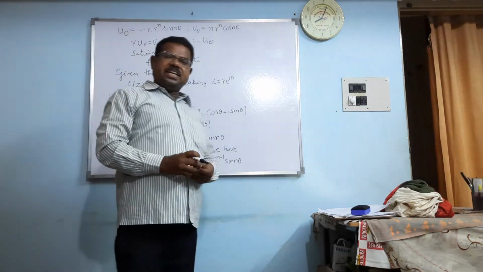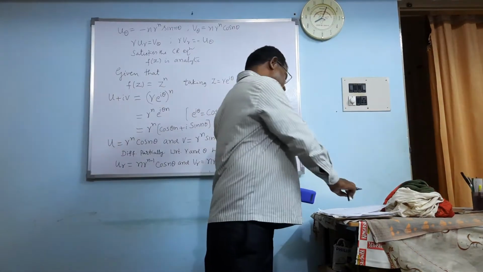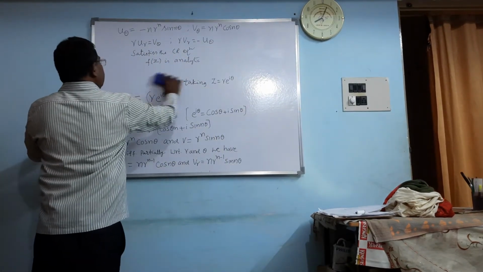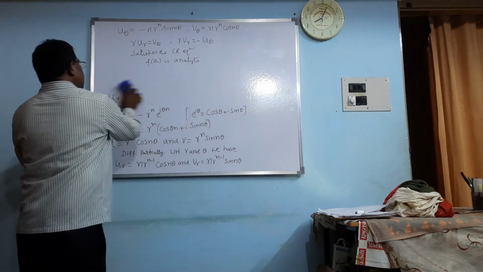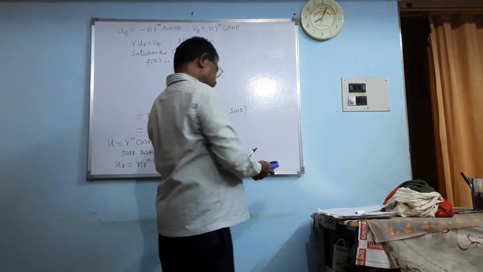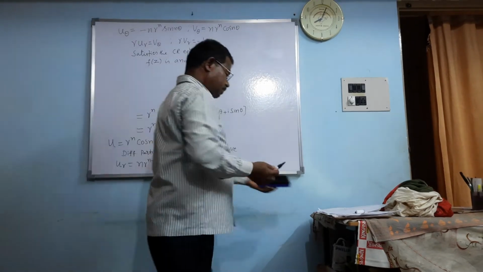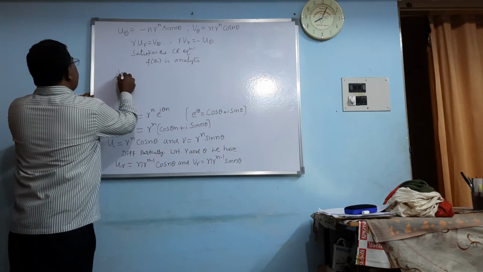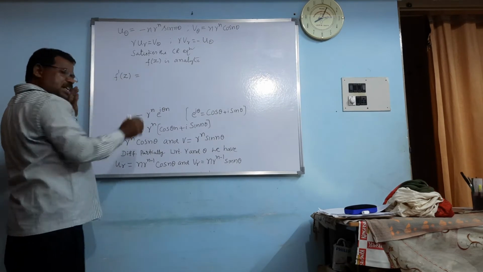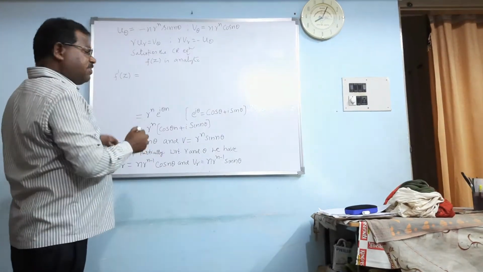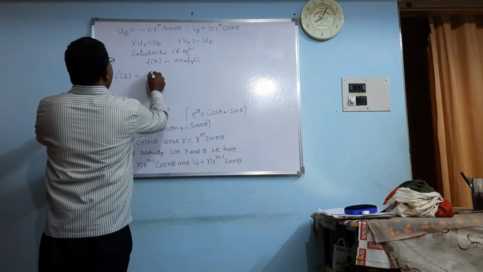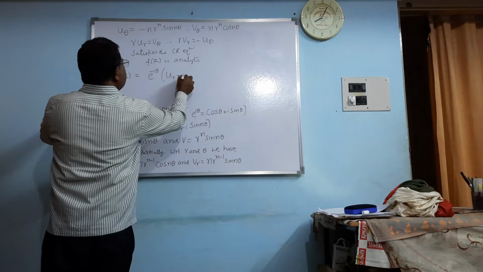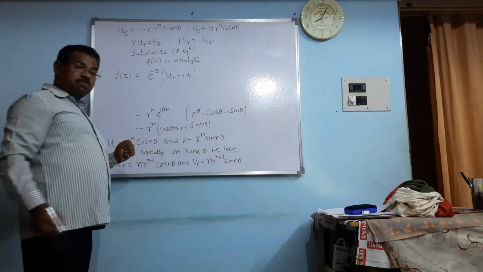Next, find its derivative. Finding its derivative means f dash z. Already we know the formula for f dash z in polar form: e to the power of minus i theta into u r plus i into v r.